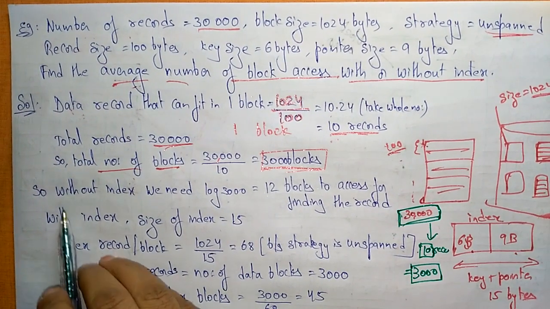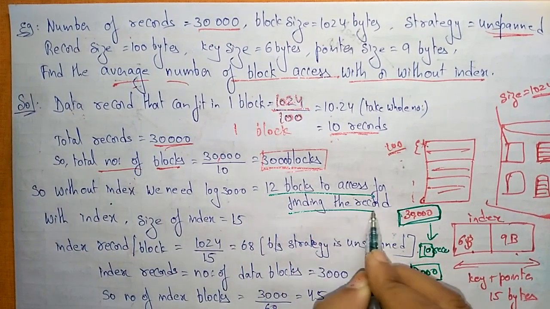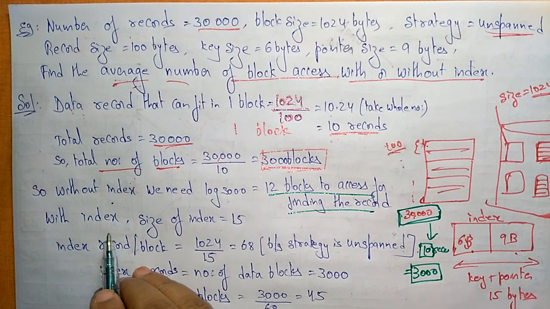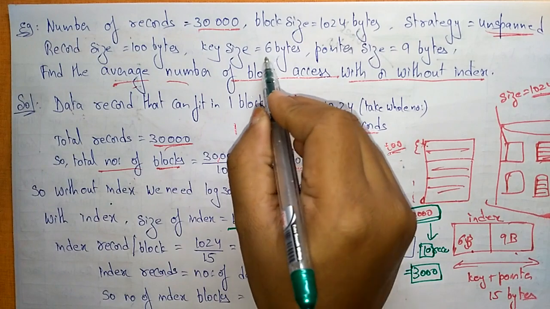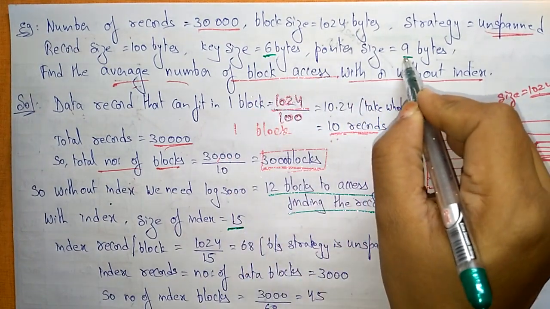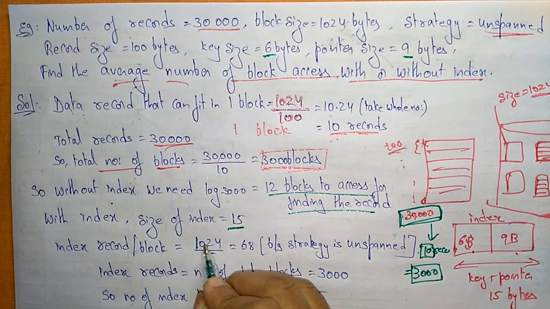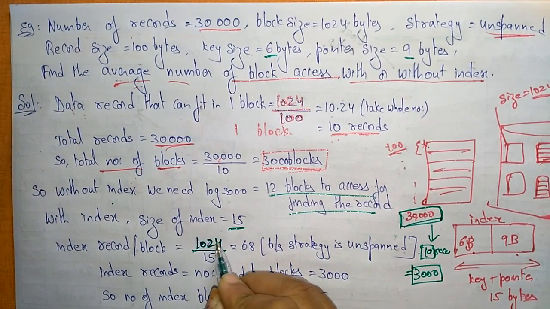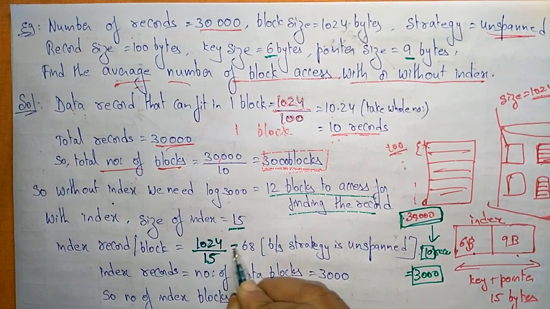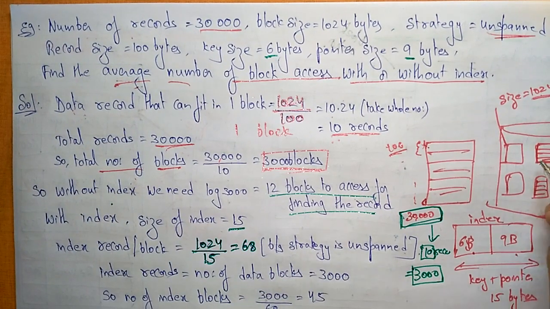Without an index, we need 12 blocks to access and find the record. Now with an index: the index entry size is 15, since key size is 6 and pointer size is 9. The block size is 1024, and dividing by the index size 15 gives 68 entries per block, because the strategy is unspanned.